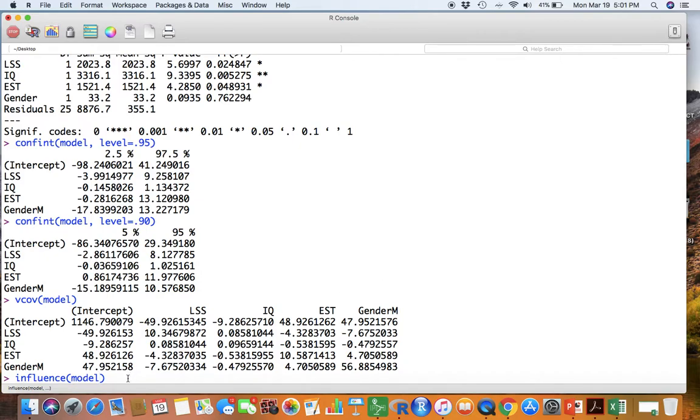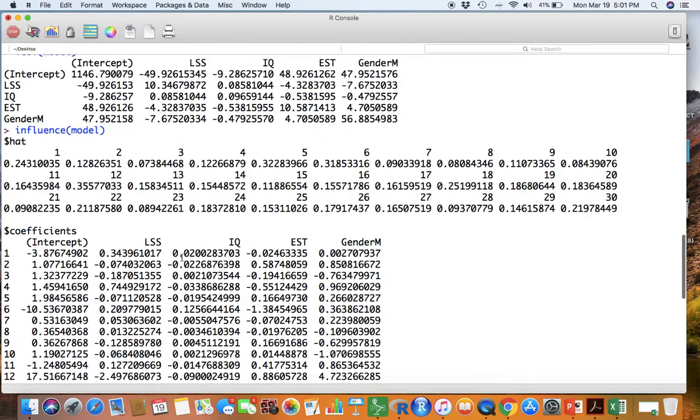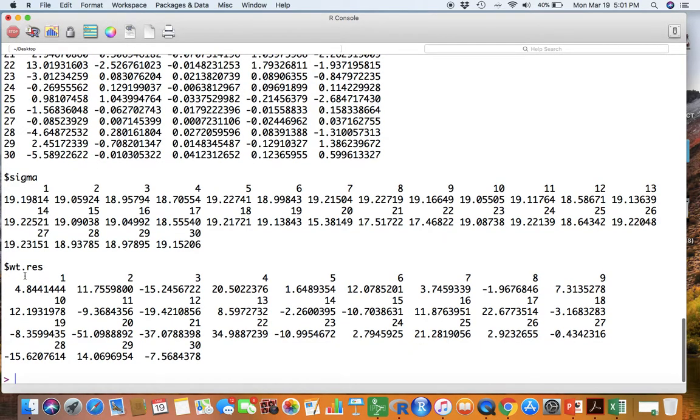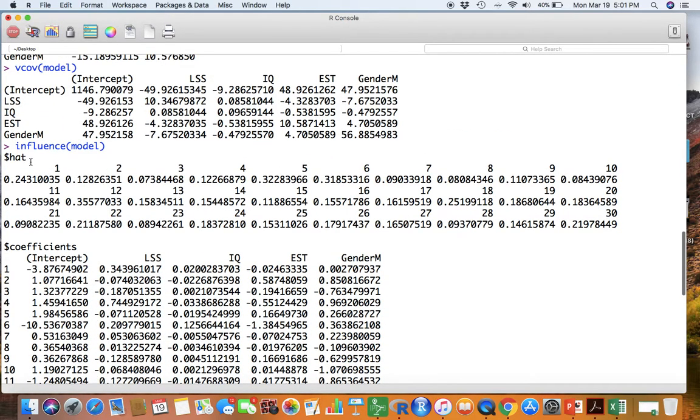So this is a good place to start with that, the influence model. And what you'll see is we get $hat, $coefficients, $sigma, and some weighted residuals. Let me go through and tell you what these things represent.